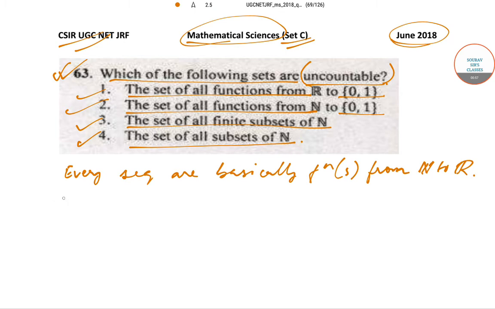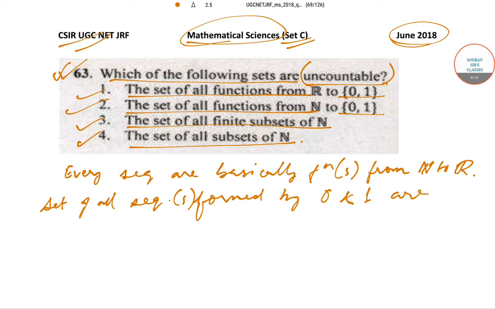And also, the set of all sequences formed by either 0 and 1 is uncountable. So these are the two statements that we should care about.